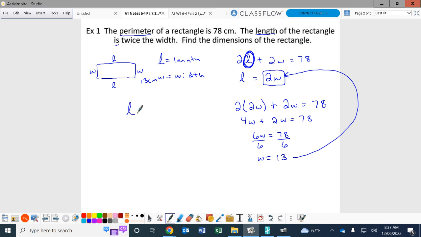Length equals 2 times 13, which would be 26. That's 26 what? Centimeters. Up till there, does anybody have any questions about the process, plugging it back in, anything about the work for the problem before we write our sentence? Just the work for the problem.